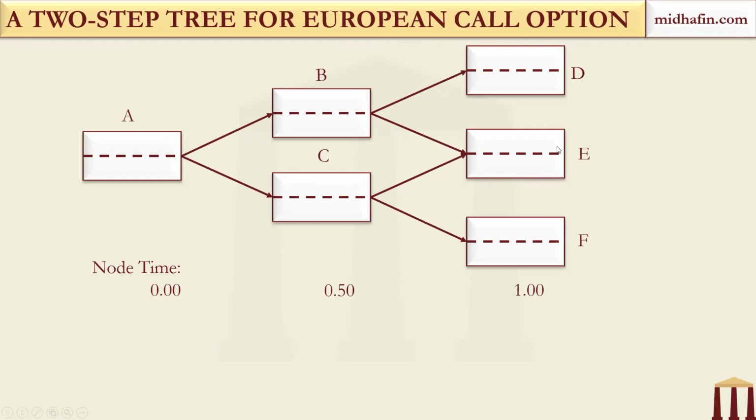This is a very simple model that we call the recombining binomial tree model. There are certain binomial tree models that you will study in part 2 which do not recombine.